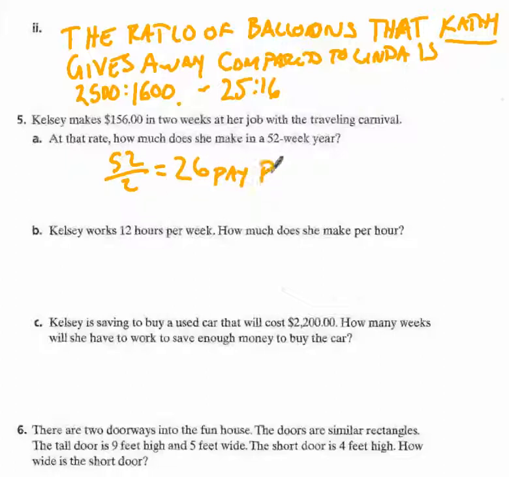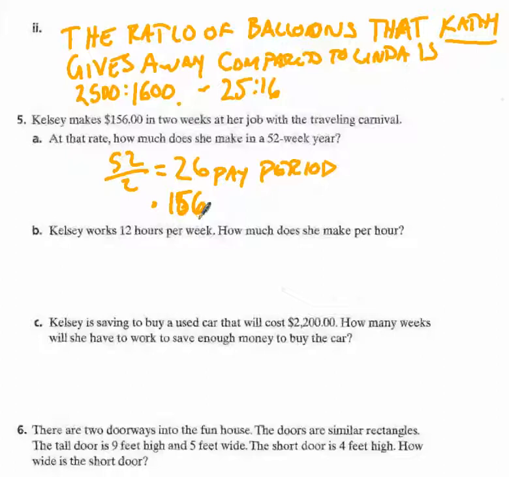Now, I would highly recommend that you pay attention to your units, because that's going to tell you if you have the answer. Are they asking for the number of pay periods? Well, no. They want to know how many dollars they'll earn in a whole year. So then that means I have to multiply that by how much I get paid for each pay period, which is 156.